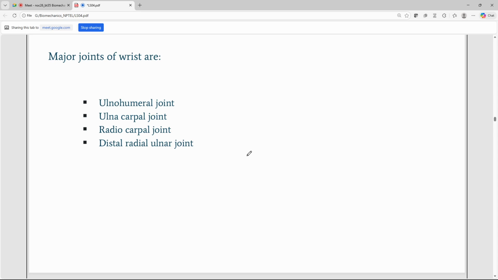Next one, major joints of the wrist. This also we have discussed in another fashion. So the major joints of the wrist are, the options are ulnohumeral joint, ulnocarpal joint, radiocarpal joint, distal radioulnar joint.